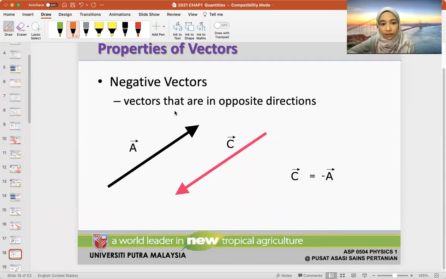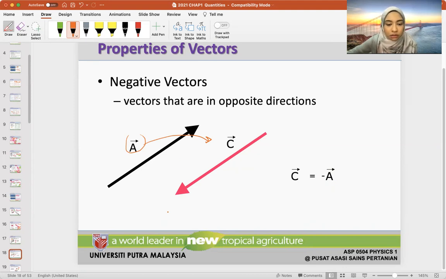And then negative vectors. What if they are parallel but in opposite direction? You can describe this vector in terms of the other vector as long as they are parallel. So C is equal to minus A vector. What does it mean?